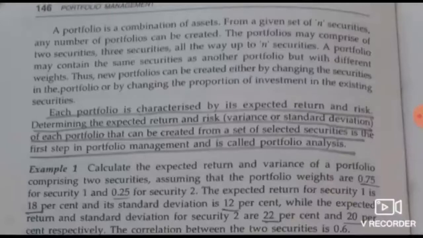And for calculating the portfolio variance, we have to set up a variance covariance matrix, pair each of the securities, multiply the matrix entries by the proportions and add them up to find the portfolio variance.